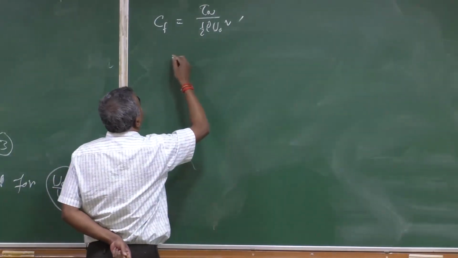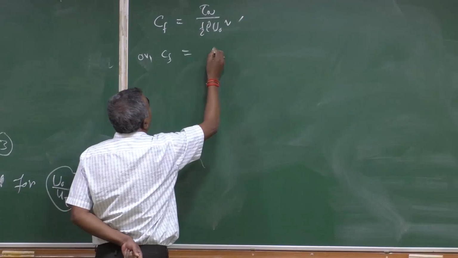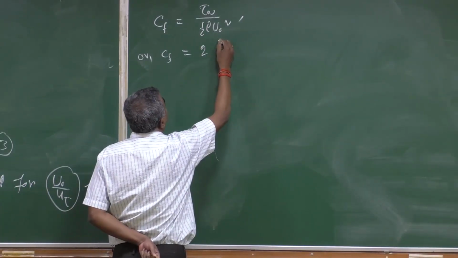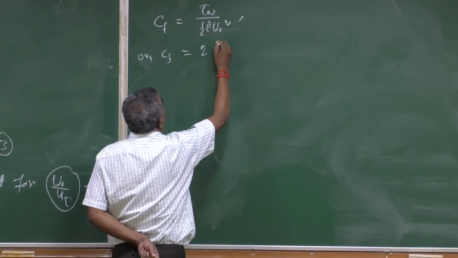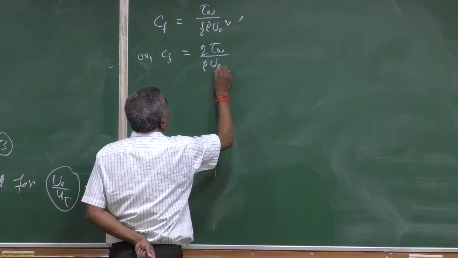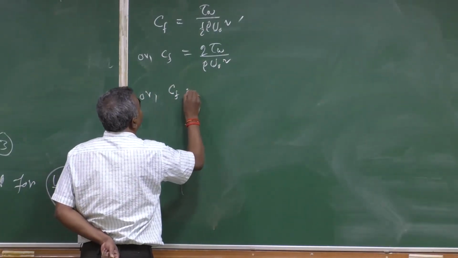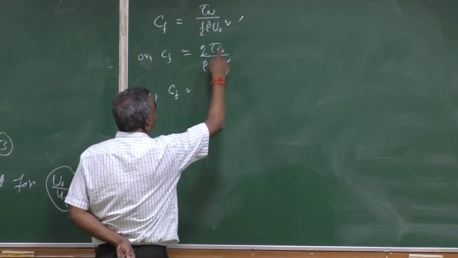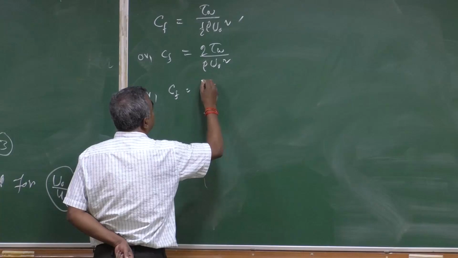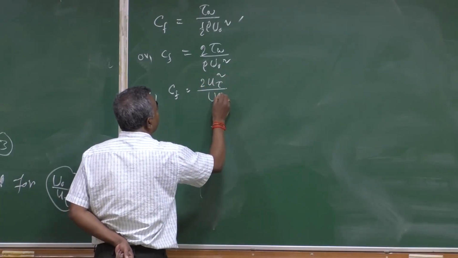So, this can be written as twice tau w by rho u naught square. Or you see, square root of tau w by rho is u tau. So, this is nothing but twice u tau square by u naught square.